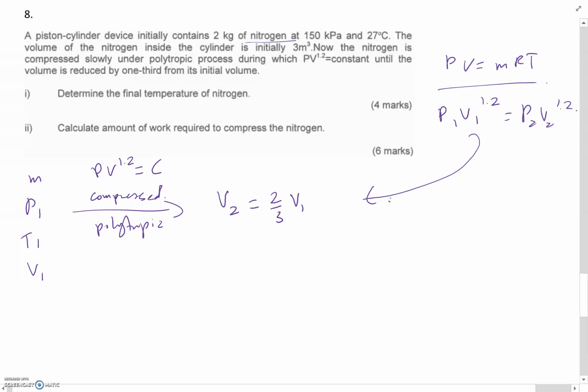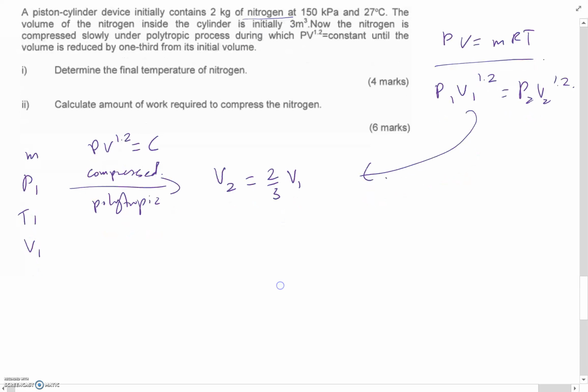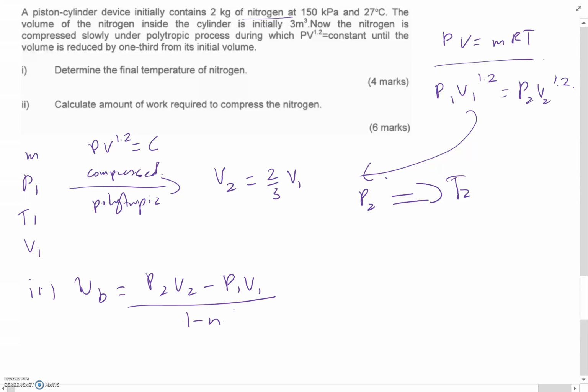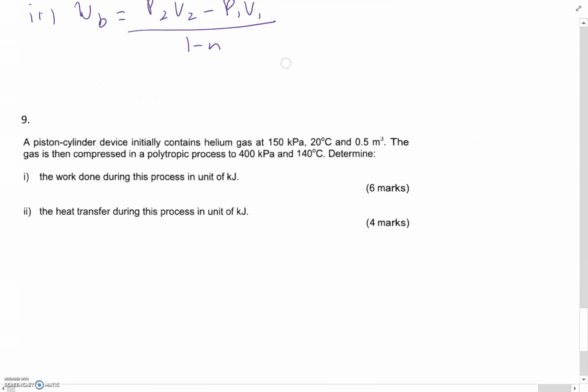With that relationship, you can determine the final temperature of the nitrogen. If you can get P2, then you can get T2. Next, calculate the amount of work. Work of boundary is the polytropic equation, P2 V2 minus P1 V1 over 1 minus n. So settle with this one.